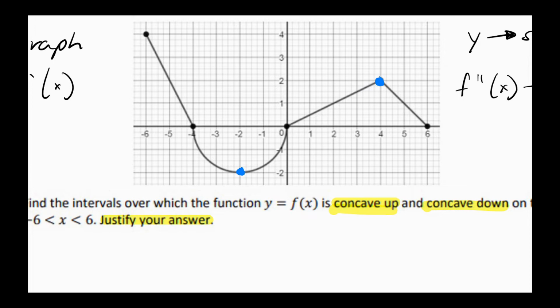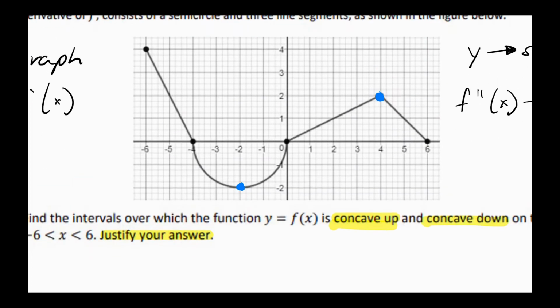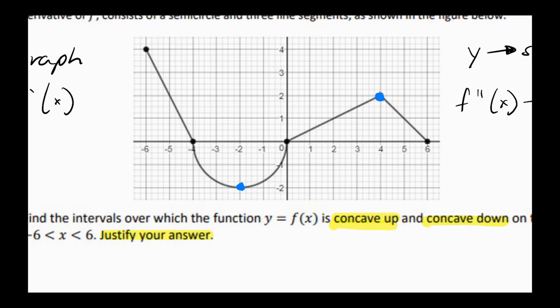That's right. That's justification. This is not a wrong answer. It's a correct answer. But what does that mean in terms of the graph? What's changing signs? I know the second derivative is, but where is that? What can I locate on the graph? What does that mean? Yeah, you're right. Okay, the slope of f prime. So let's start here.